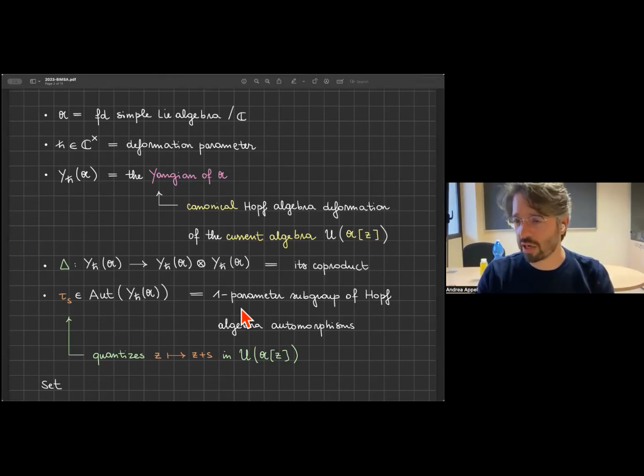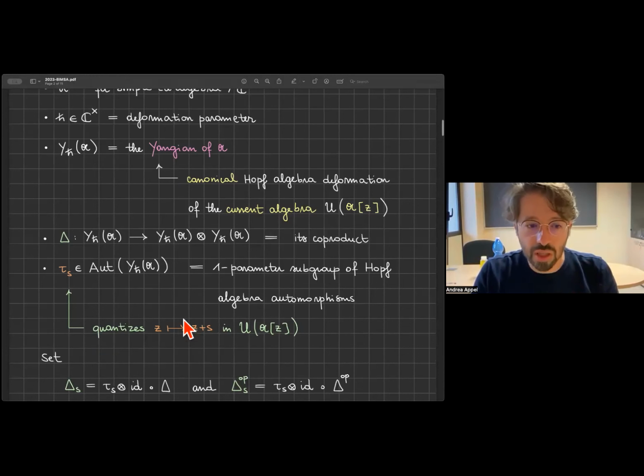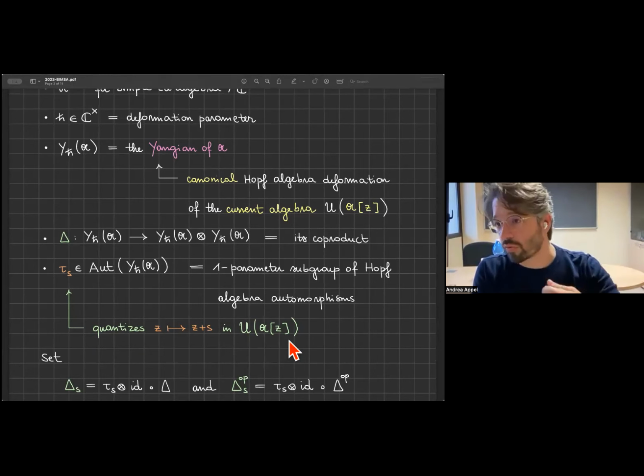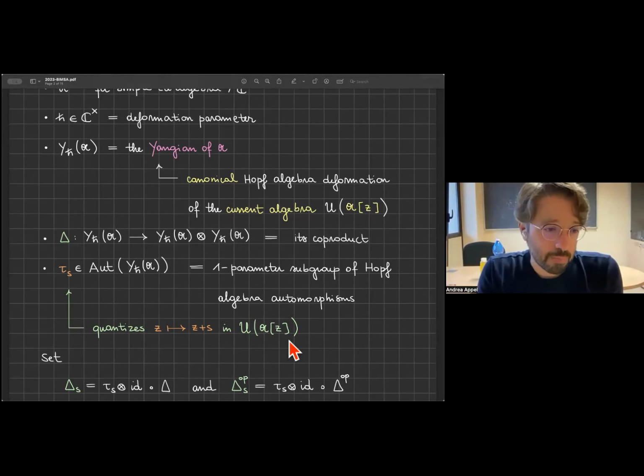What is this and how is it defined? Well, this can be thought of as a quantization of the usual shift for the current algebra. I just take the parameter z and shift it by s. And these standard automorphisms at the classical level admit this quantization for the Yangian.